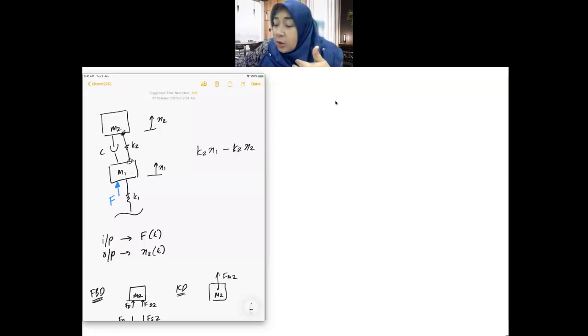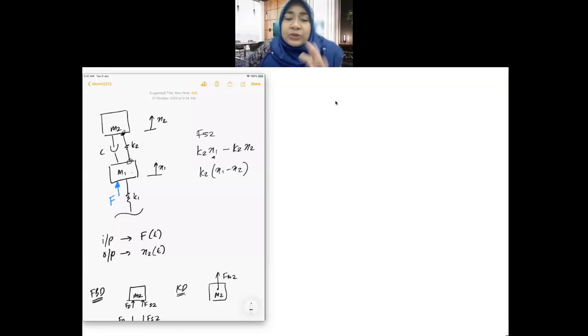So when your spring K2 is compressed by x1, it will have the force K2 x1, but that compressional force will be reduced by the amount of displacement at the other end of your spring, which is K2 x2. So in total, the force for your FS2 will be K2 times x1 minus x2.